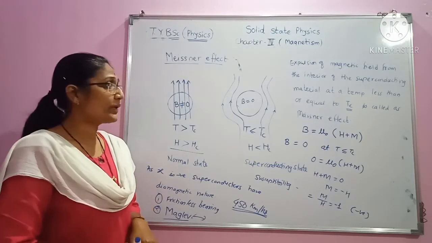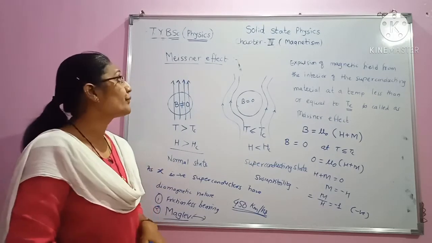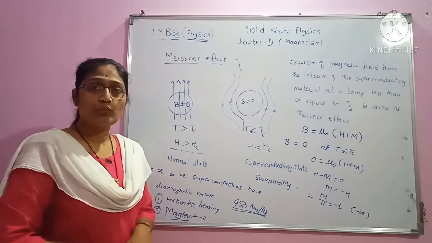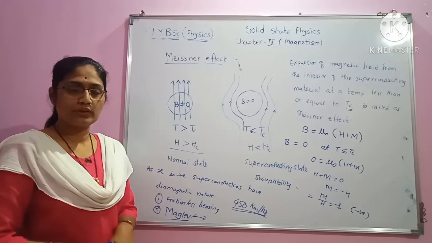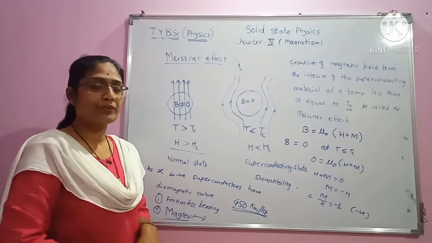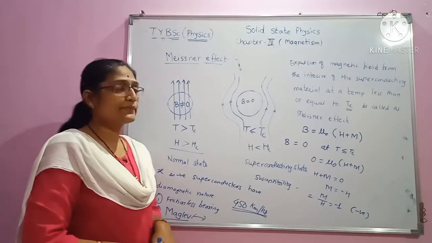High speed trains are generated with the help of this phenomenon of Meissner effect in case of superconductors. So let's revise today's points. Today we have seen most of the important points related to the phenomenon of superconductivity and superconductors. It is called the Meissner effect.